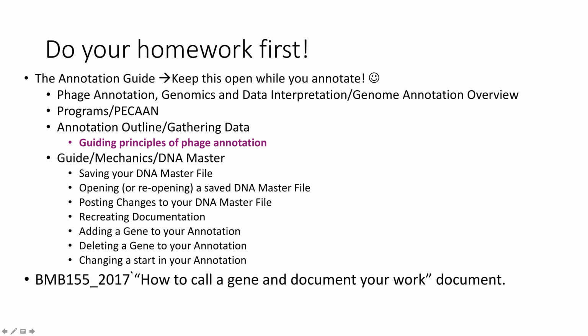There's a third document that I want you to look at, which will be titled B&B 155 2018, How to Call a Gene and Document Your Work. And that is a sample electronic notebook entry that I want you to use as a model for your own notebooks when calling genes.